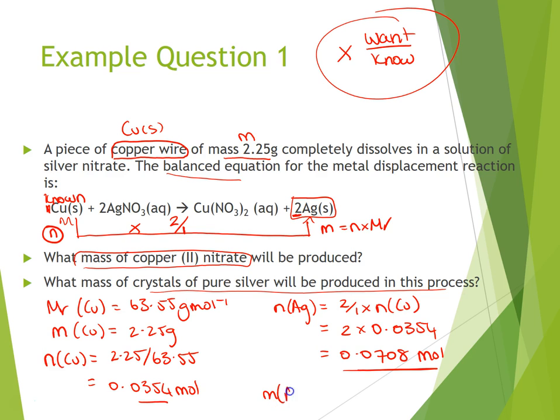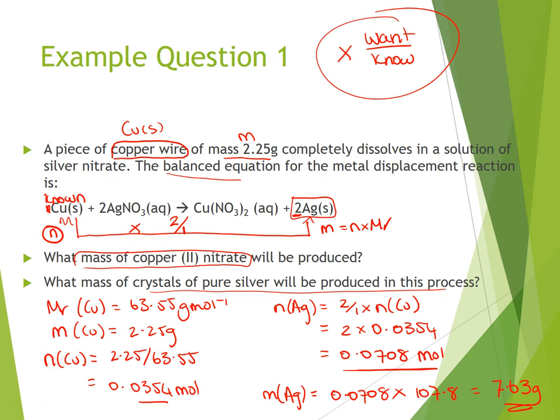So the mass of silver is going to be equal to the number of mole, 0.0708, multiplied by 107.8, which is the molar mass. And that will tell me that we will produce 7.63 grams of silver when this reaction occurs.